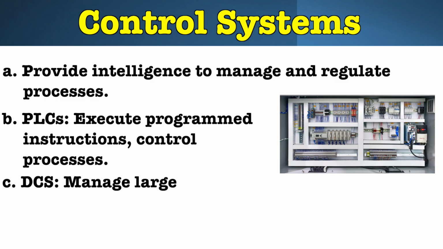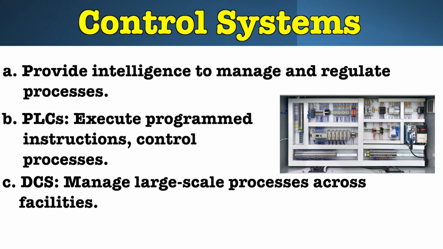Similarly, DCS, that is distributed control systems, are another critical component in industrial automation, particularly suitable for managing large scale processes across industrial plants or facilities. DCS distribute control functions across multiple controllers, enabling coordinated operations and real-time monitoring of complex processes.